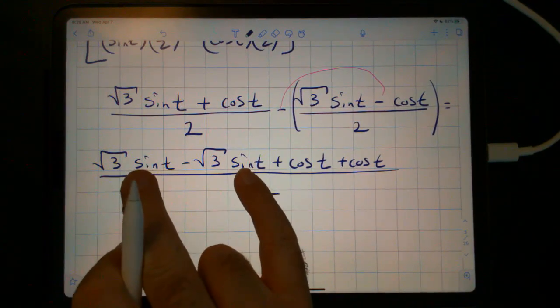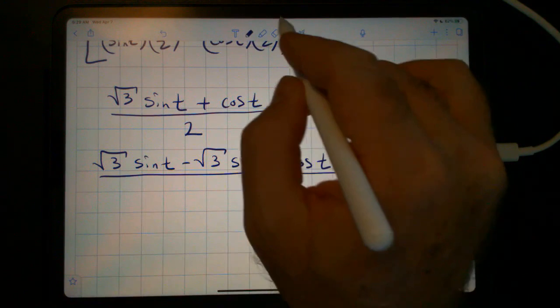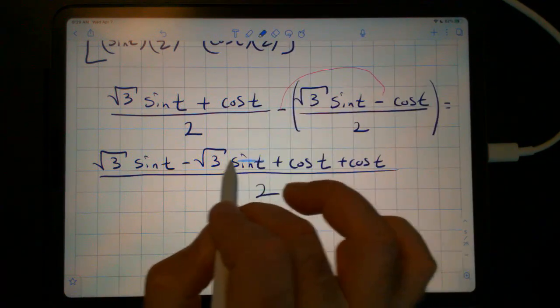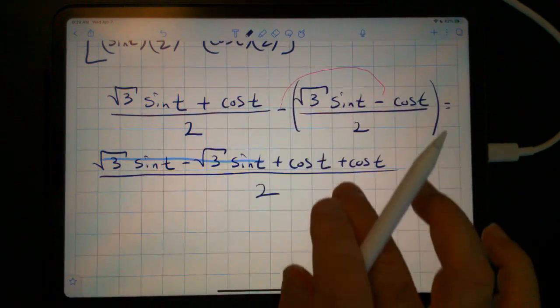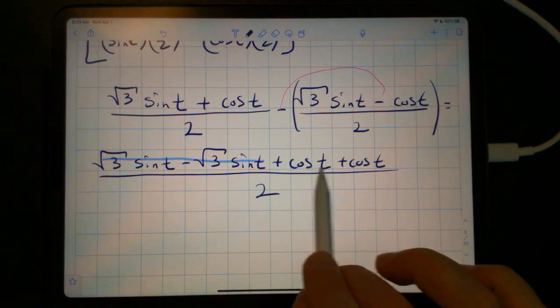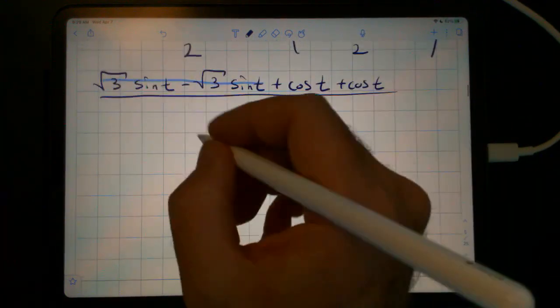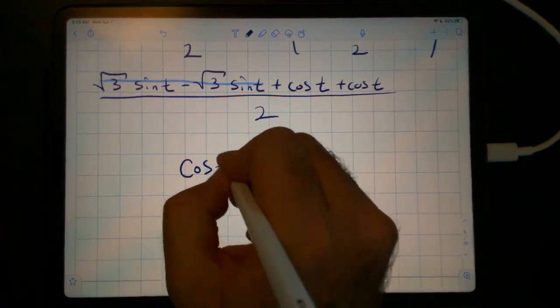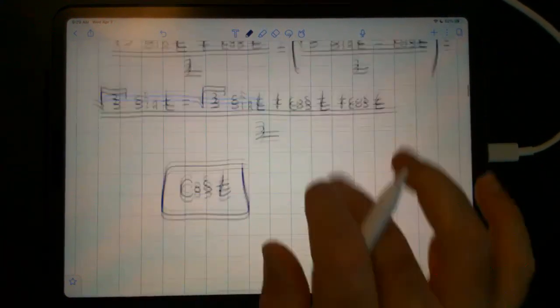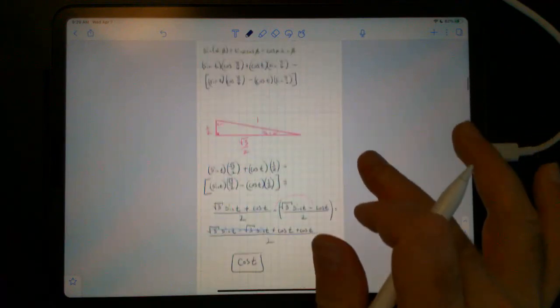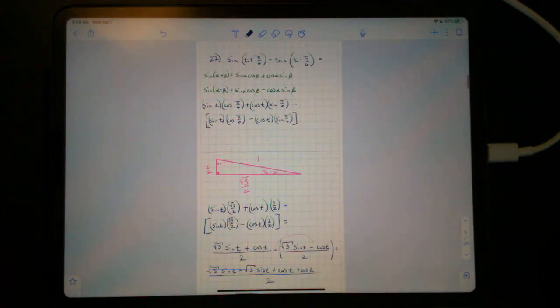Okay, radical 3 sine t minus radical 3 sine t is 0. These are additive inverses. I have 1 cosine t plus 1 cosine t, that is 2 cosine t divided by 2 is simply cosine of t. All right.